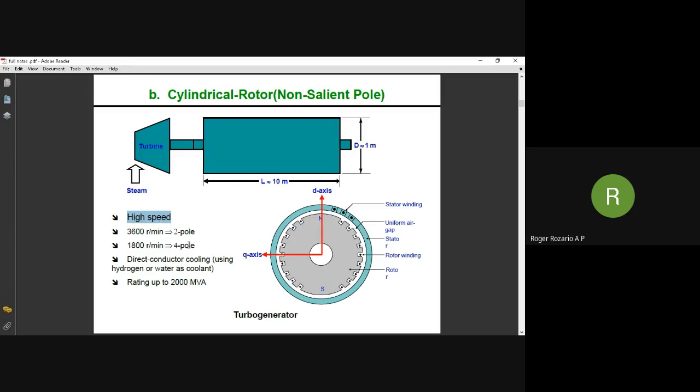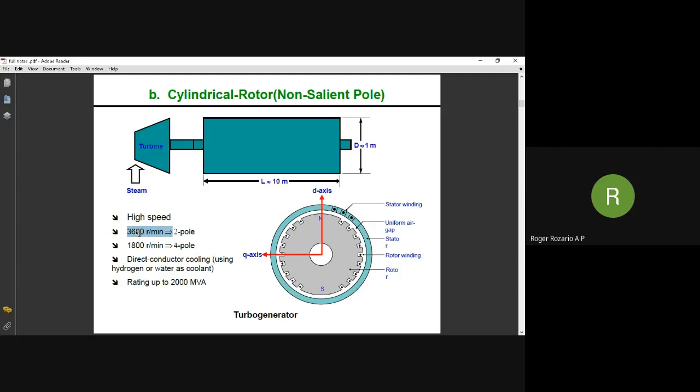So for a 2-pole machine, what is the speed? N equals 120 into F by P, that is the speed equation. Assuming the frequency to be 50 Hertz, N equals 120 into 50 divided by the number of poles, 2.